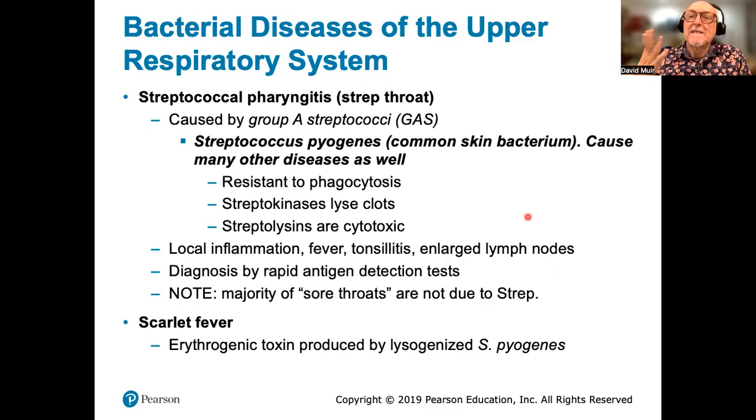It often establishes an infection in the throat after a viral infection. Not always, but often the bacterial infection follows on a viral infection, which damages the mucous membranes and allows the bacteria to adopt a pathogenic strategy.